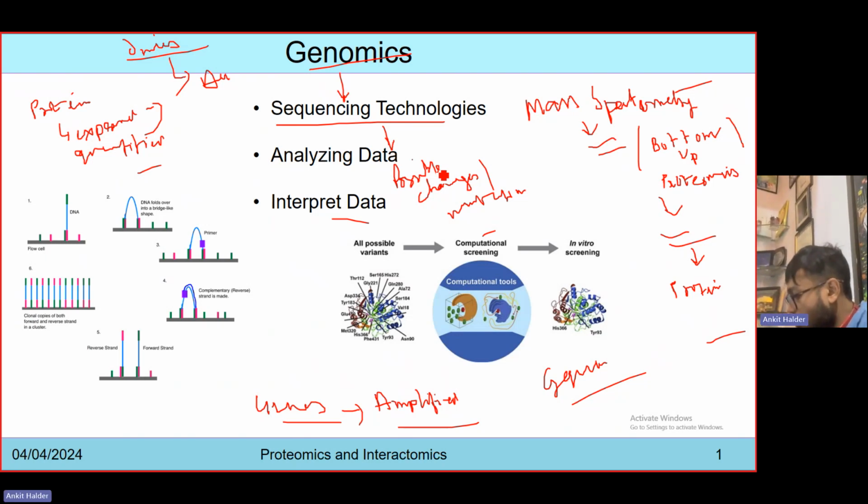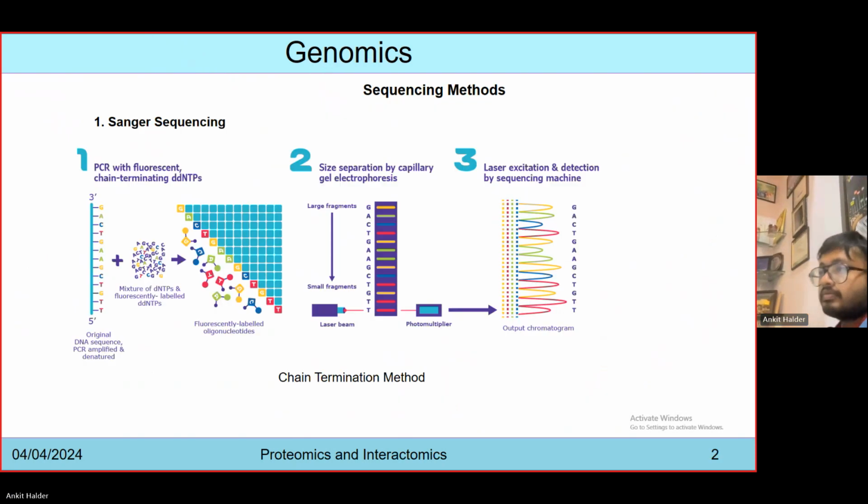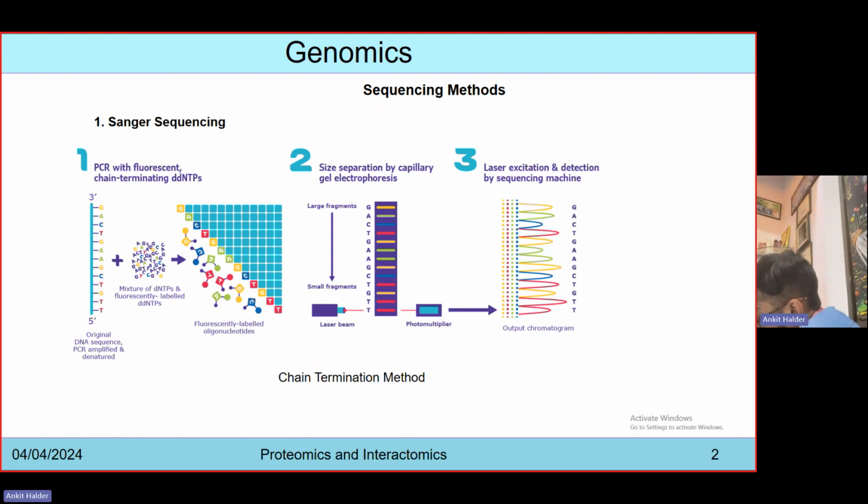Right? So now we would be looking at the sequencing technologies.